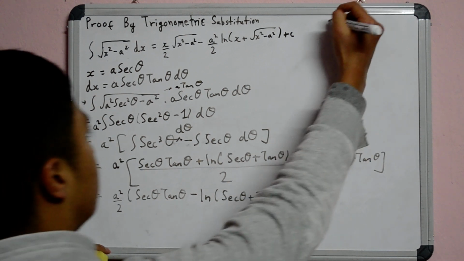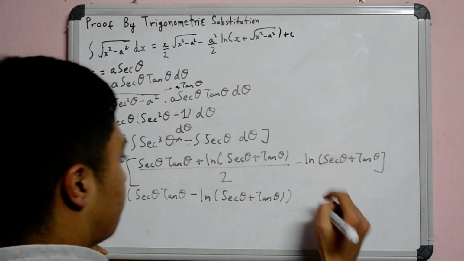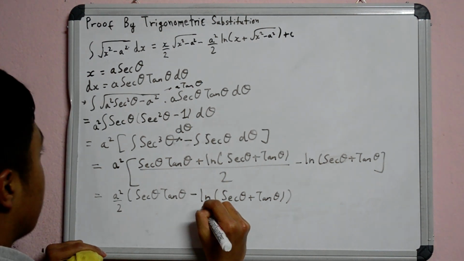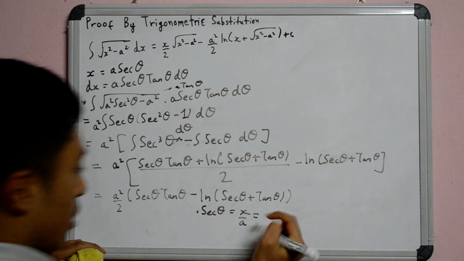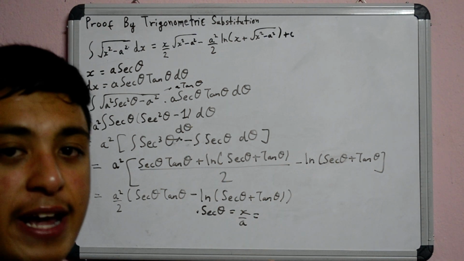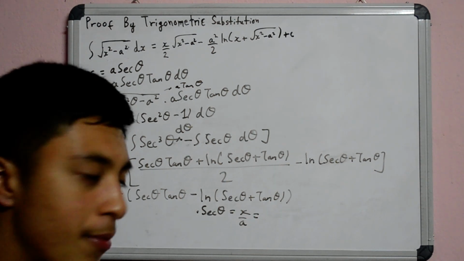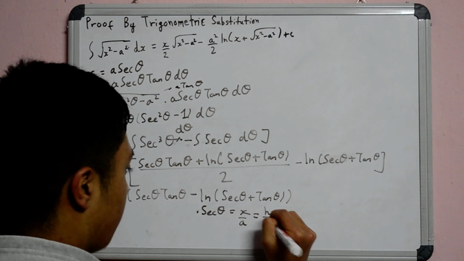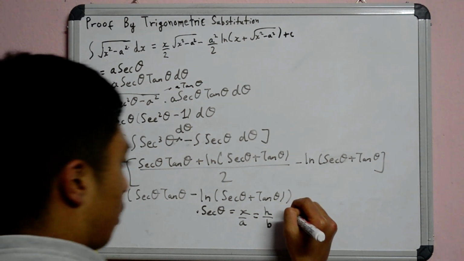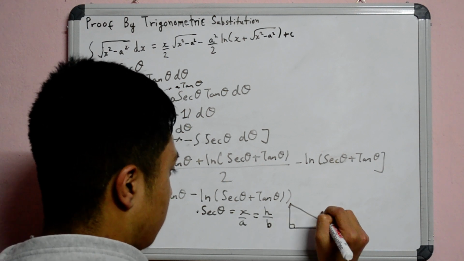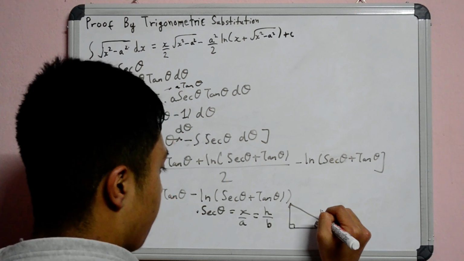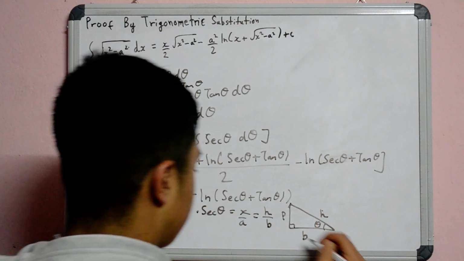So we begin with the fact that sec theta is equal to x by a, and sec theta in terms of the right angle triangle in basic trigonometry is hypotenuse by base. So draw a right angle triangle. This is the angle, this is hypotenuse, perpendicular, base.